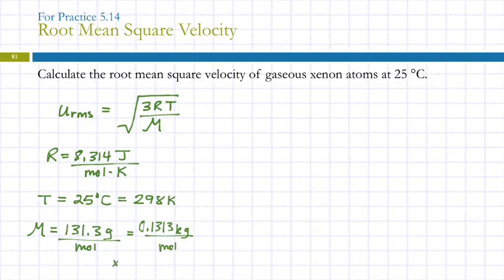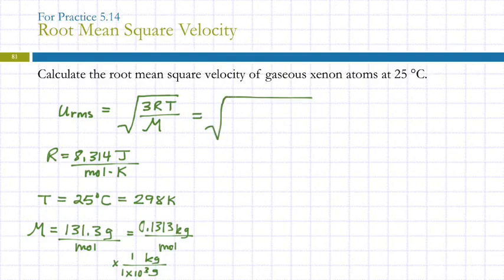What I'm doing there, without writing it out, is using this conversion factor. Now I have R. I've got temperature in Kelvin. I've got my molar mass in kilograms per mole. I can plug all these things into the equation.